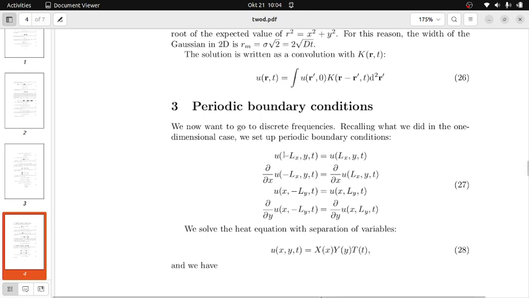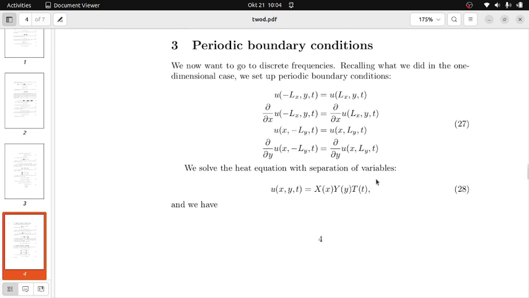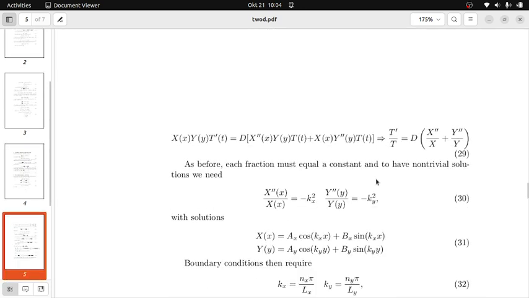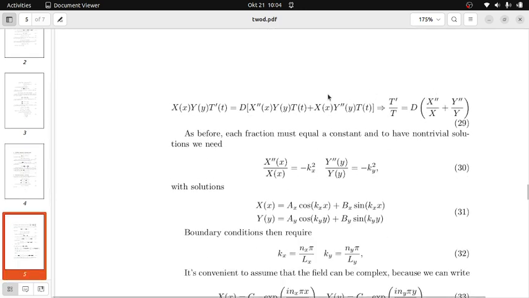And we require that both the function and its spatial derivative in that direction vanish at these points, right? And then if we solve the heat equation with separation of variables, what we're going to have is analogous to the previous case: T prime divided by T equals D times (X double prime over X plus Y double prime over Y), and as before, these things should be constants.